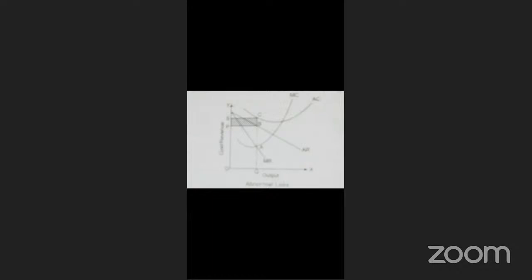Okay, the equilibrium point of the firm is A in the diagram, where average revenue, AR, is less than average cost, AC.